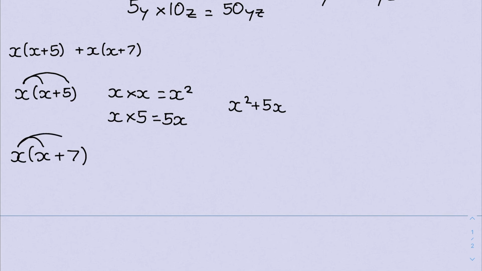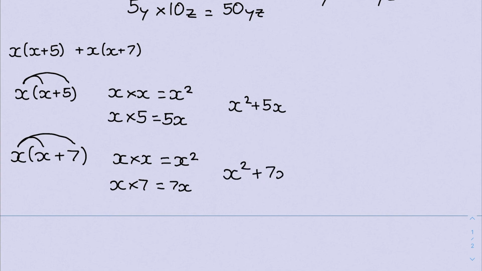Draw on our multiplier lines like normal. So we have x times x, which we know now is x squared, and x multiplied by 7, which will give us 7x. So we then have x squared plus 7x, and in total, if we want to sum these together, we're then going to have x squared plus 5x.